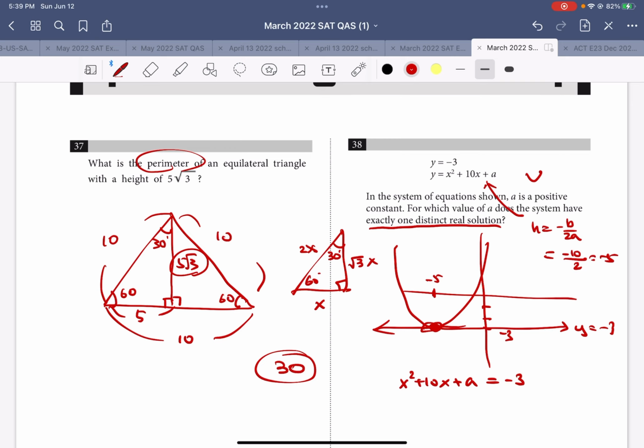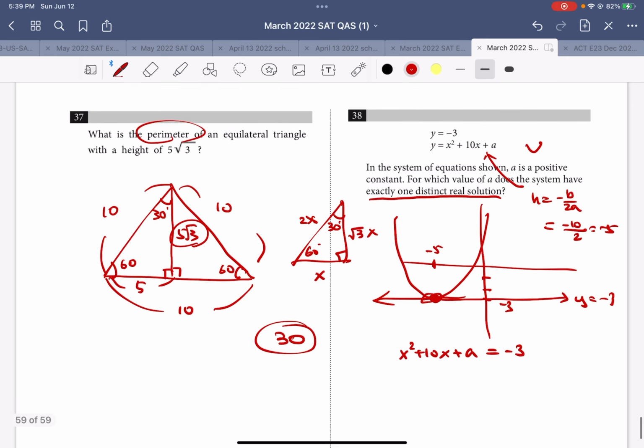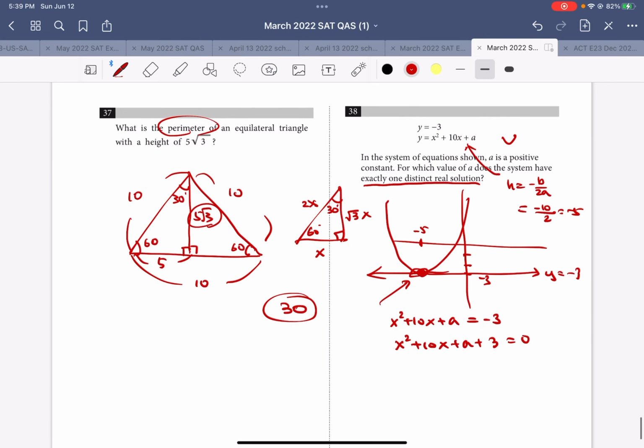To find the intersection, set them equal to each other, and then you move everything to one side, so that one side is 0. x squared plus 10x plus a plus 3 equals 0. Now for a quadratic to have only one root, the discriminant b squared minus 4ac has to equal 0. If the discriminant is greater than 0, that means 2 real roots.